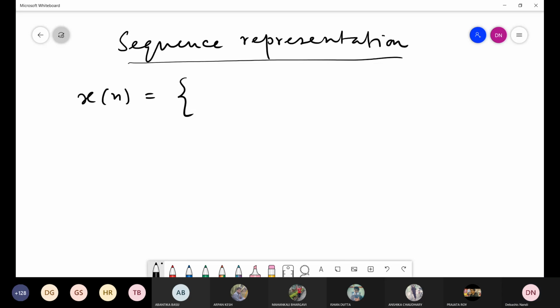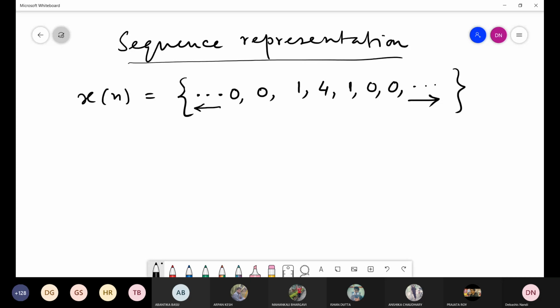Then you can give a dotted sign, then 0, then 0, then 1, comma 4, comma 1, comma 0, comma 0, comma, and dot dot. This dot dot means that for other values of n, this 0 will continue. Dot dot dot 0 means on the left side the 0 is continuing, and on this side 0 is continuing.